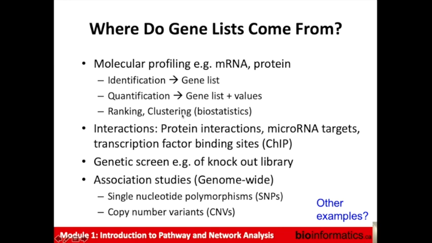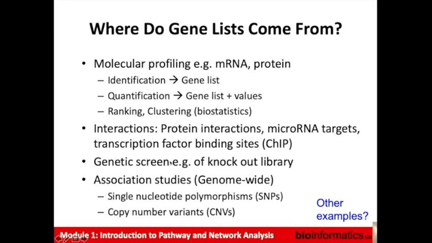Another type of omics data is interactomics. For instance, we can measure protein interactions, microRNA targets, transcription factor binding sites, and frequently these interaction measuring methods provide lists of genes that are targeted by a protein or a microRNA or a transcription factor.